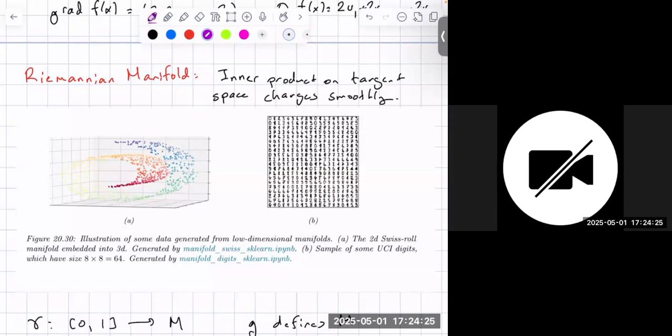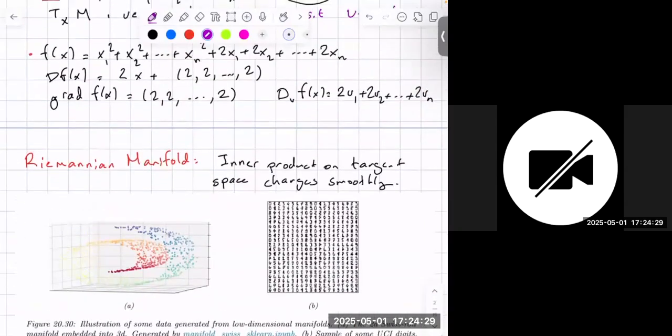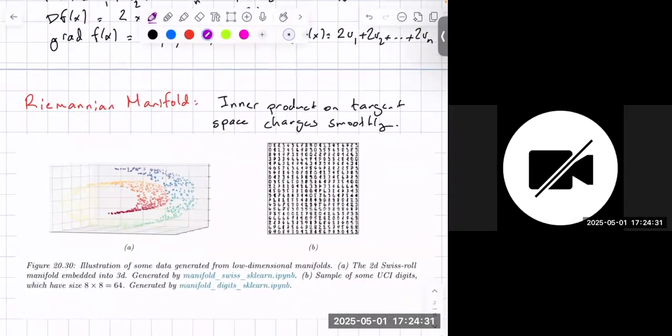So that's what a manifold is. And on the left, what you're seeing is a visualization of a data set called the Swiss roll data set. So it literally looks like a Swiss roll, like a sheet in 3D.